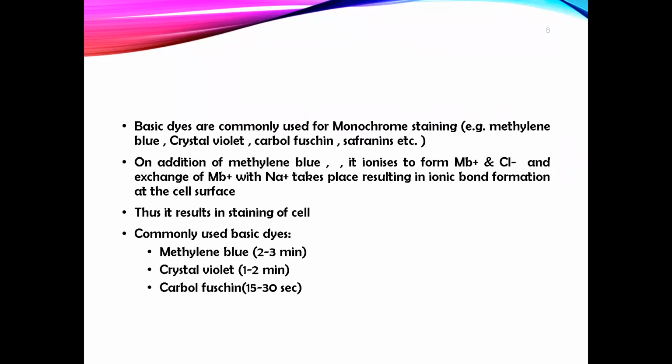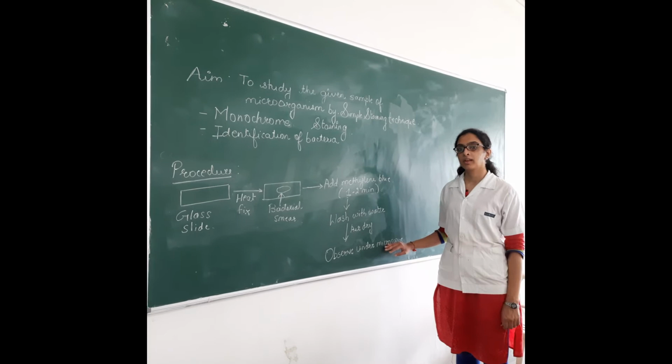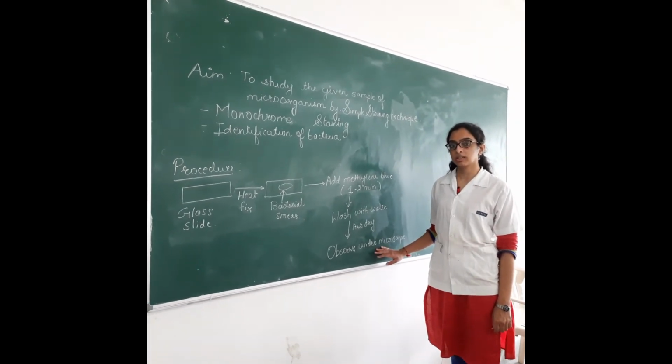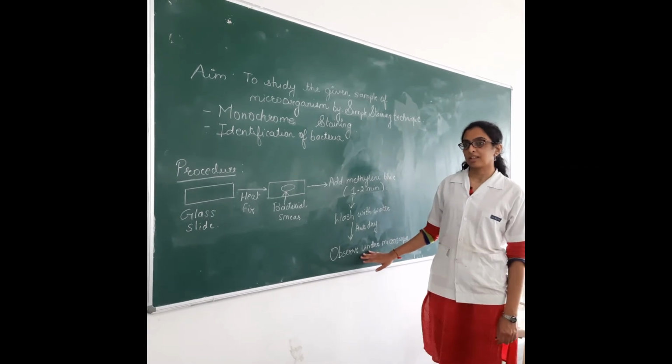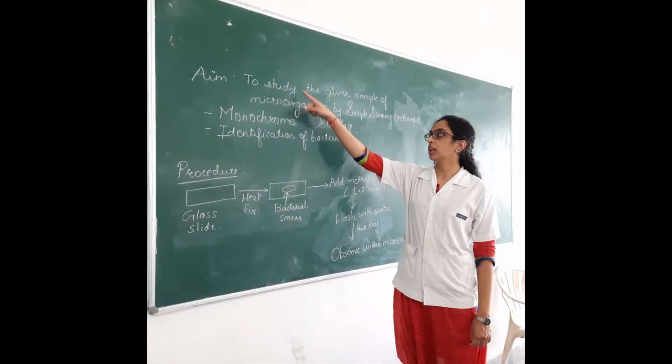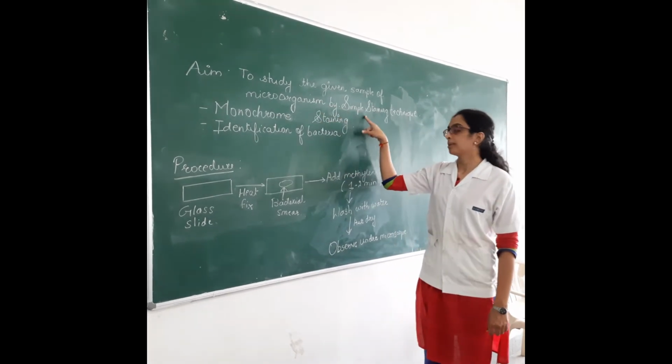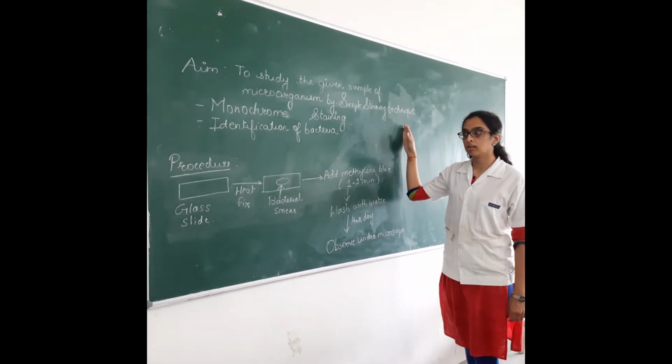Now we'll see the procedure. Hello dear students, today we are going to see the next experiment, that is to study the given sample of microorganism by simple staining technique.